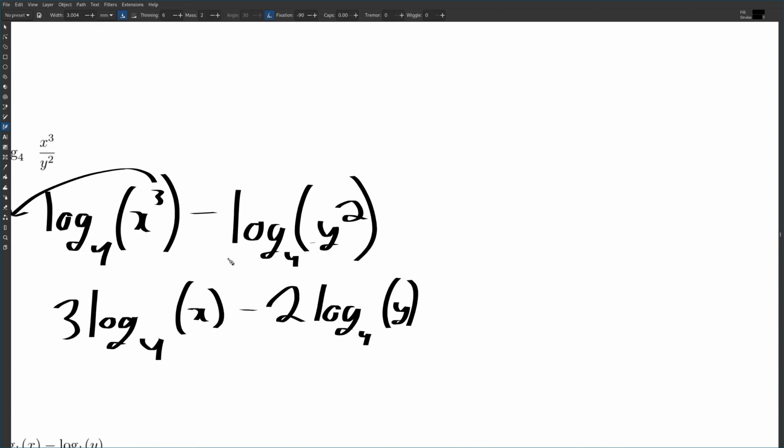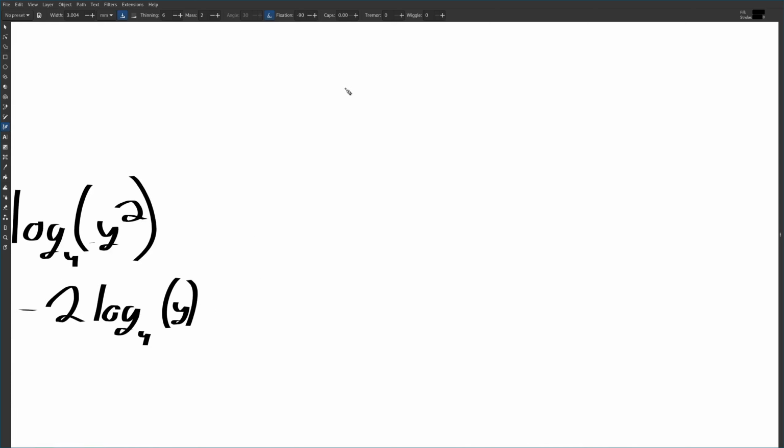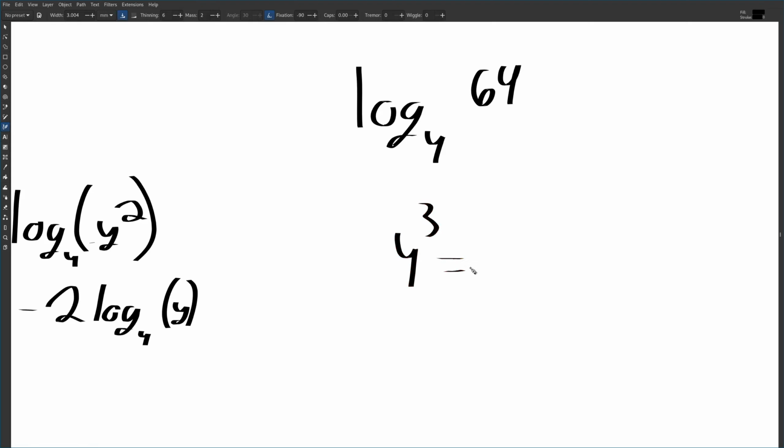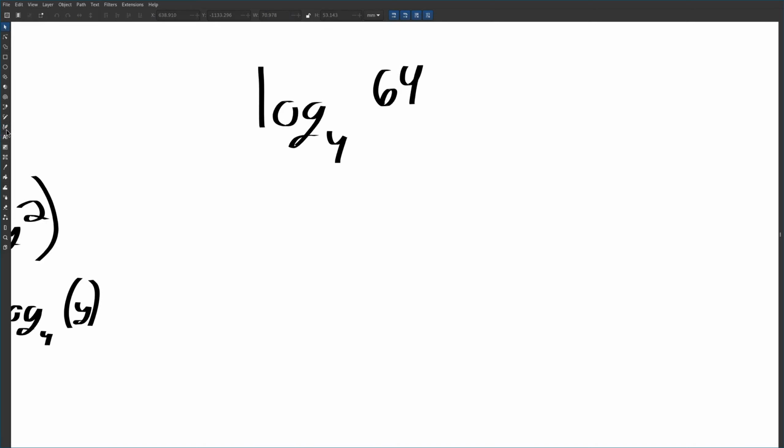And if you're not convinced just yet of this power rule, let's take an example like log 4 of, let's say, 64. You could do it manually, like 4 to the power of 3 is equal to 64. So the answer is 3. Or you could see it in a slightly different way with the power rule.